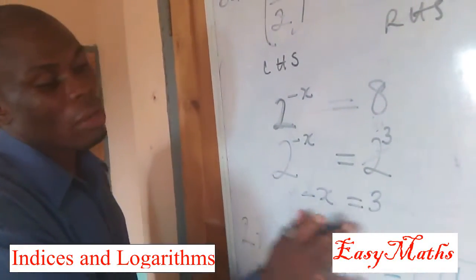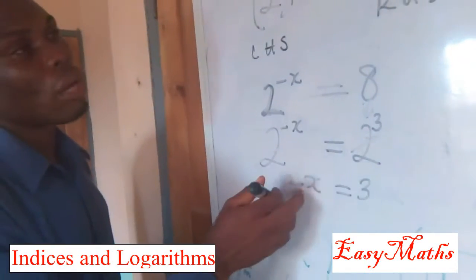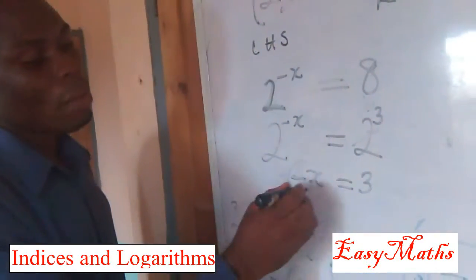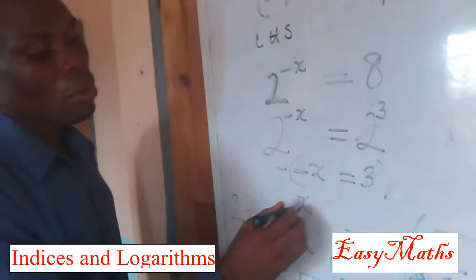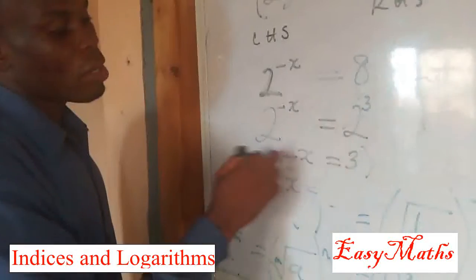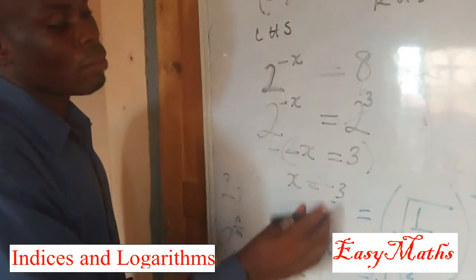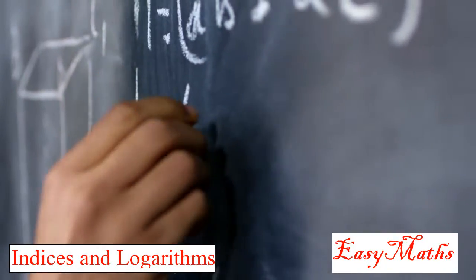In this case, you are not looking for minus x, rather you are looking for x. So how do you eliminate the minus? You can multiply the whole of the equation by minus. So minus times minus becomes plus, and minus times 3 will be minus 3. So that's how we got our answer to be -3.